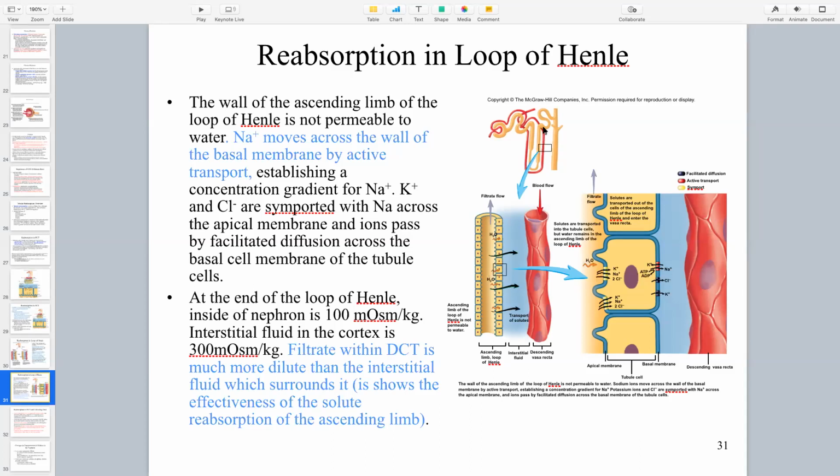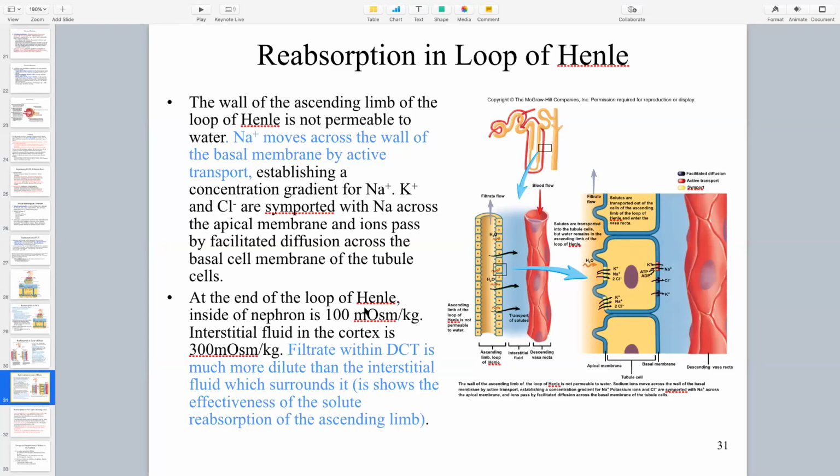That's pretty efficient reabsorption of salt, isn't it? If we were at 1,800 at the very U-turn with the filtrate, and now as it comes up, we keep reabsorbing all that salt by those salt pumps. By the time the filtrate hits the distal, at that junction, we have reabsorbed 1,700 milliosmoles of salt.